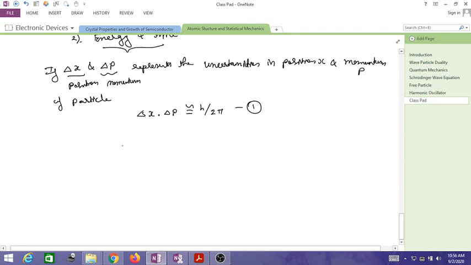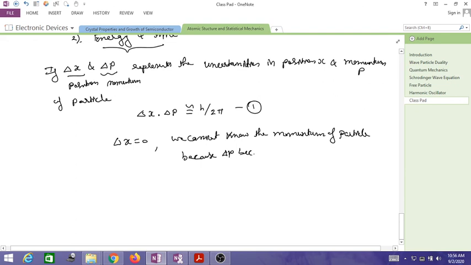It states that if you want to locate the position of the particle very precisely by making delta x equal to 0, then we cannot know the momentum of the particle, because delta p becomes infinite.